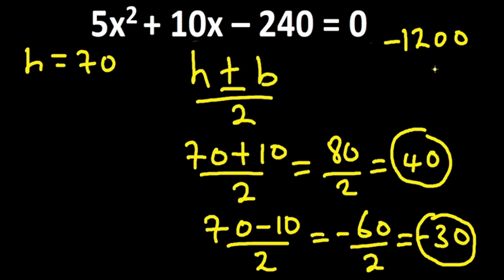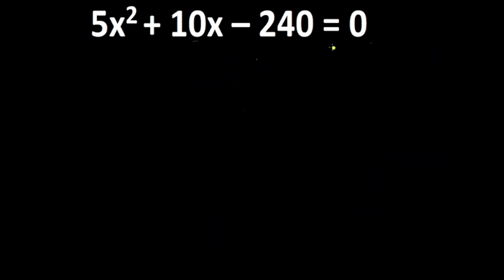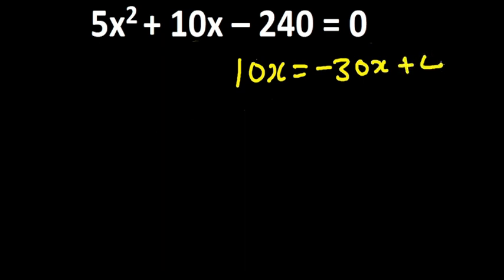Instead of doing trial and error and wasting lots of time trying to get the factors that will sum up to give you b. Now to factorize it, we're going to simply replace 10x with negative 30x plus 40x in the equation.